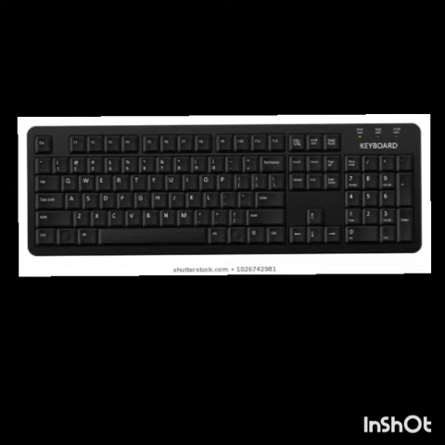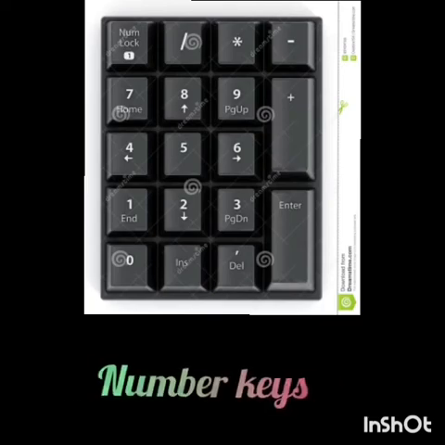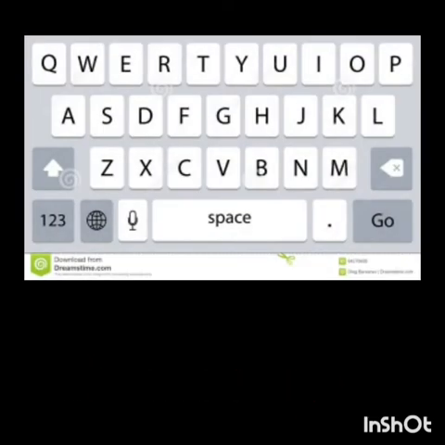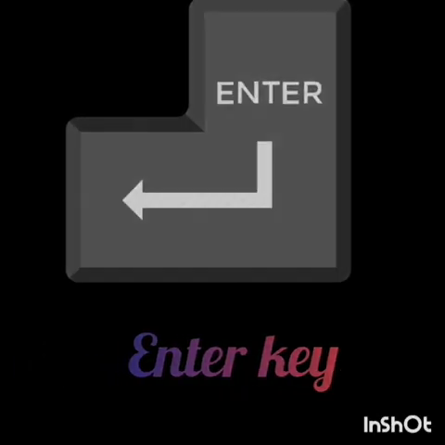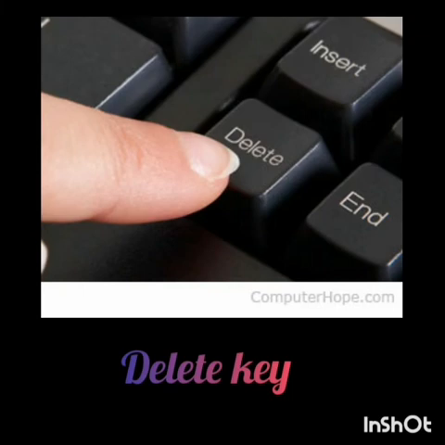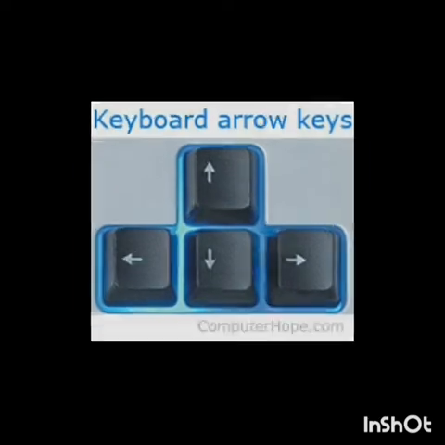Some keys have numbers on them. These are called number keys. Some keys have alphabets written on them. These are called alphabet keys. There are some special keys like the enter key, delete key, cursor control keys or arrow keys, etc. Next is the mouse.